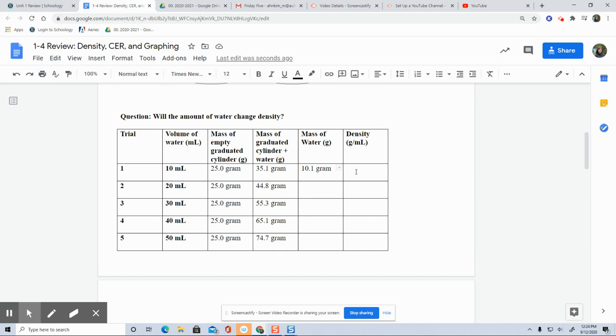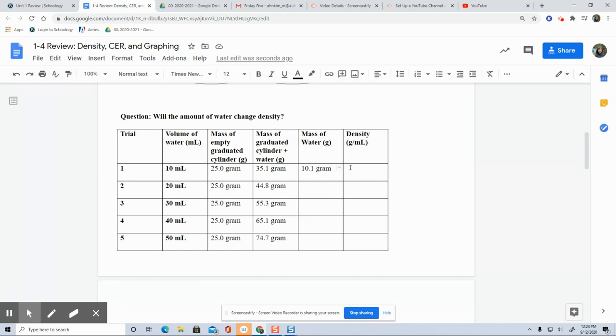To calculate the density, you have to remember the equation for the density, which is mass over volume, or mass divided by the volume. So you take the mass of water, in this case 10.1, and divide by the volume of water, in this case 10 milliliters.